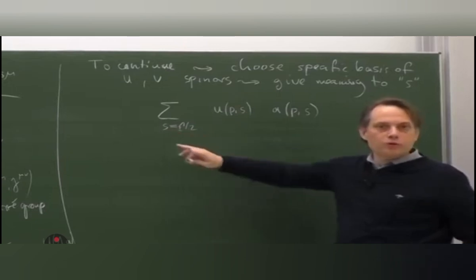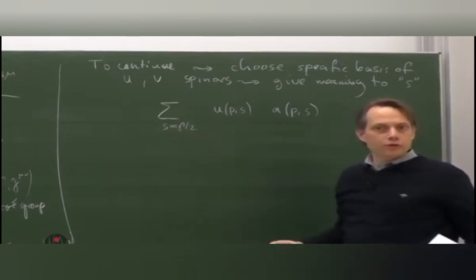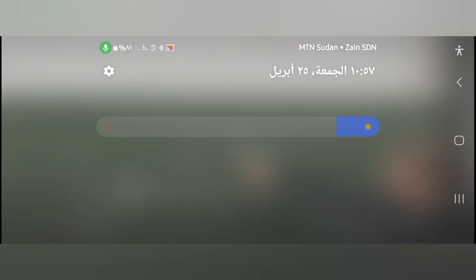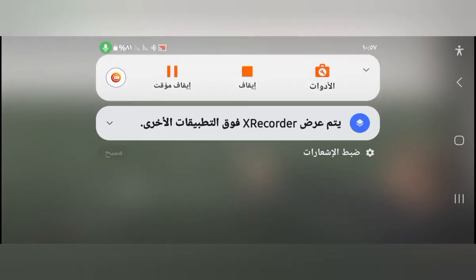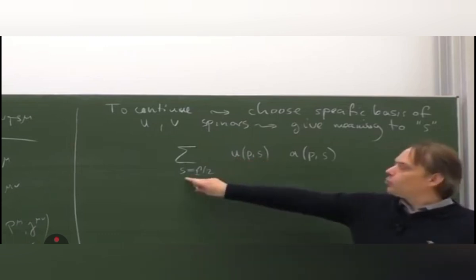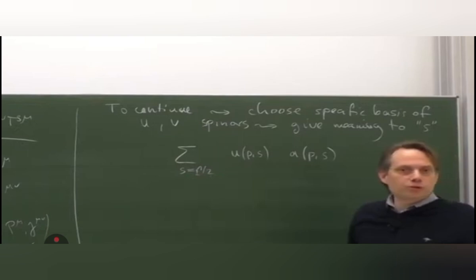And we did not yet say what is actually the meaning of the index S. We only said S takes two values, and two values are clear because we knew that the spinors U, they have to be eigen spinors to the P slash matrix with eigenvalue plus M. There are two linearly independent eigenvectors of that kind. Therefore, we can label the two by some index S with values plus minus 1/2.